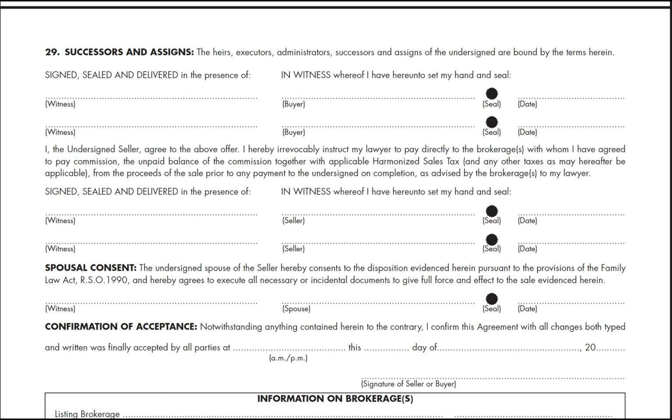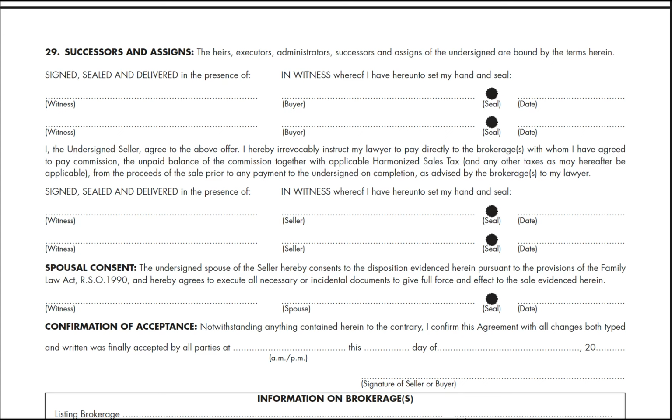I hereby irrevocably instruct my lawyer to pay directly to the brokerages with whom I have agreed to pay commission the unpaid balance of the commission together with applicable HST, harmonized sales tax, and any other taxes as may hereafter be applicable, if the proceeds of the sale prior to any payment to the undersigned or completion, as advised by the brokerage to my lawyer.